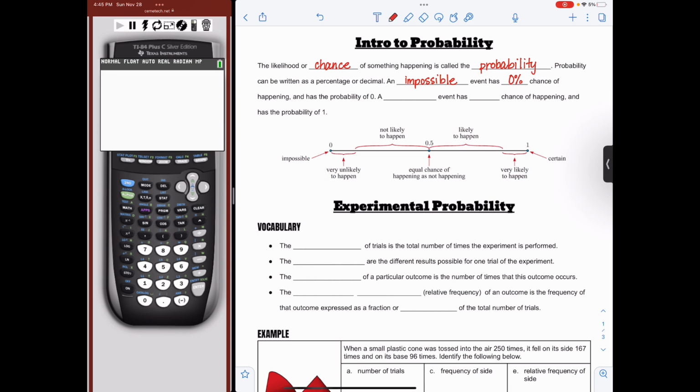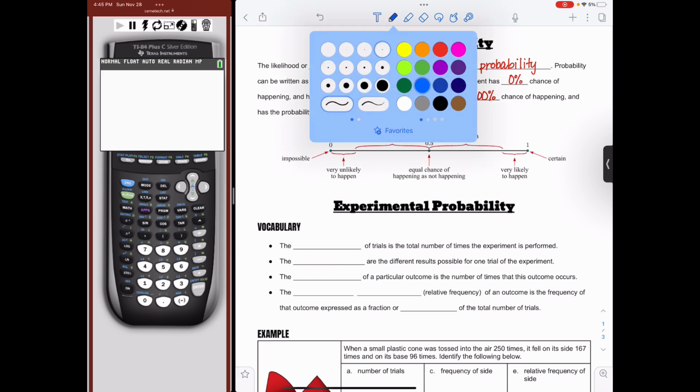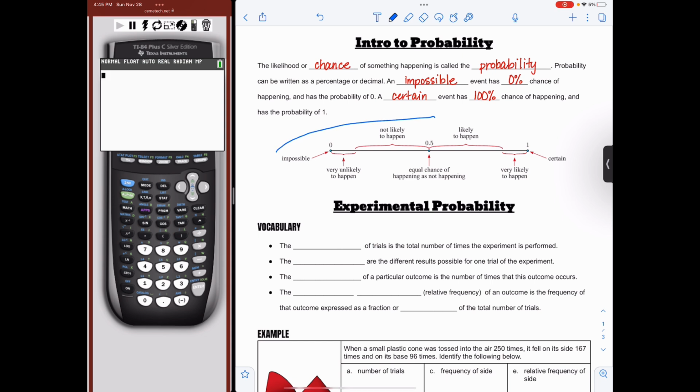A certain event has a 100% chance of happening and has a probability of 1. So below you see that I have a number line here from 0 to 1. 0 means impossible, 1 means certain. And remember, 0 stands for 0%, 1 stands for 100%.